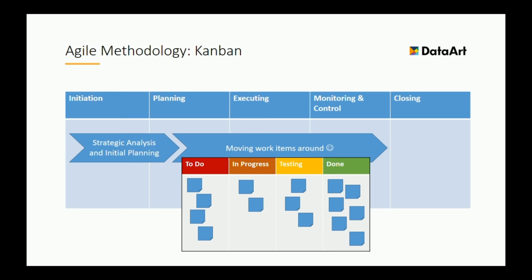So one works on one item, one on another. And until the number of items here is less than 2, we can't move new items in progress. Same is for most of the other columns. For example, we can't have more than 3 items in testing. Obviously, we can have as many done items as we have done.